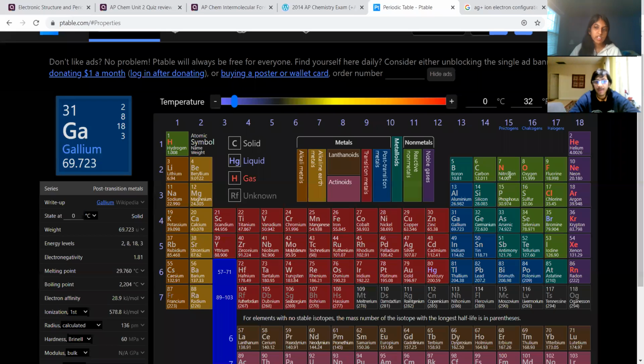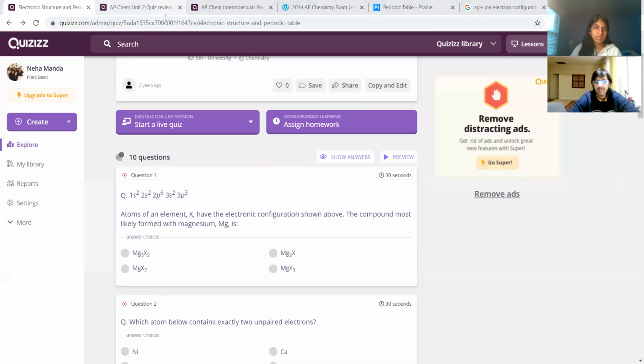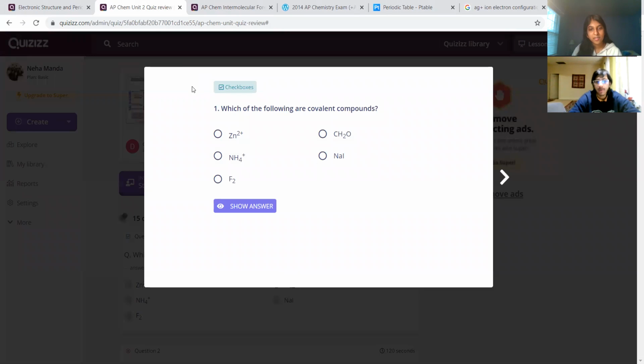I just thought because N and H are both non-metals, I think it should be. Yeah, I see what you're saying. NaI was the one we said was ionic. F2 is for sure covalent. Okay, so then it should be these three, I think.